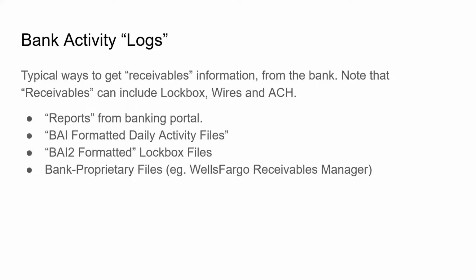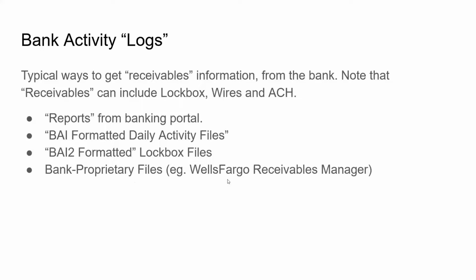The bank will basically OCR, optical character recognition, that text and digitize it into certain fields in this BAI2 file. And then some banks, Wells Fargo being the example I'm dealing with, have the ability to present the same information in a format other than BAI2.